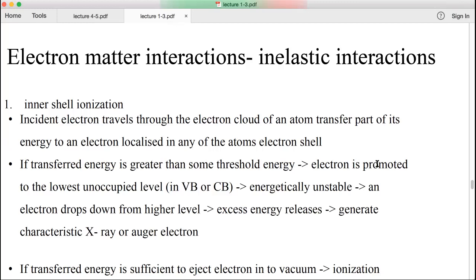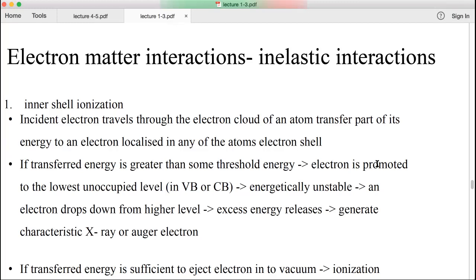Now, if you provide enough energy to break this bond between the electron and the nucleus, that is the binding energy, you can remove it from the atom. So it goes into the vacuum. That is complete ionization, right? If you completely remove it from the shell towards the vacuum, you have completely ionized the atom.